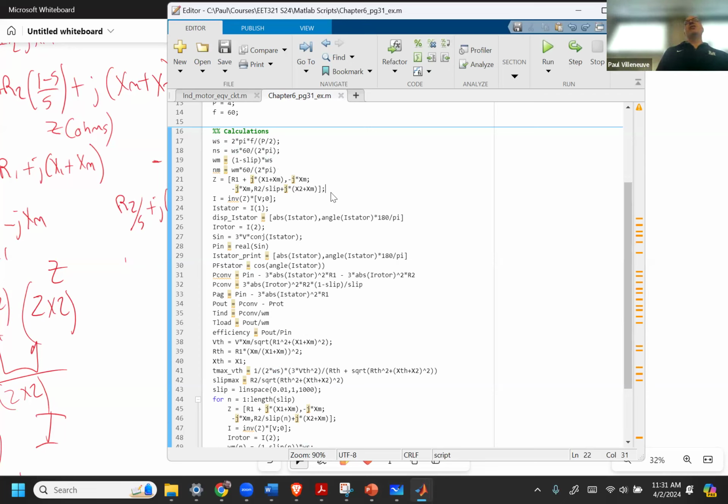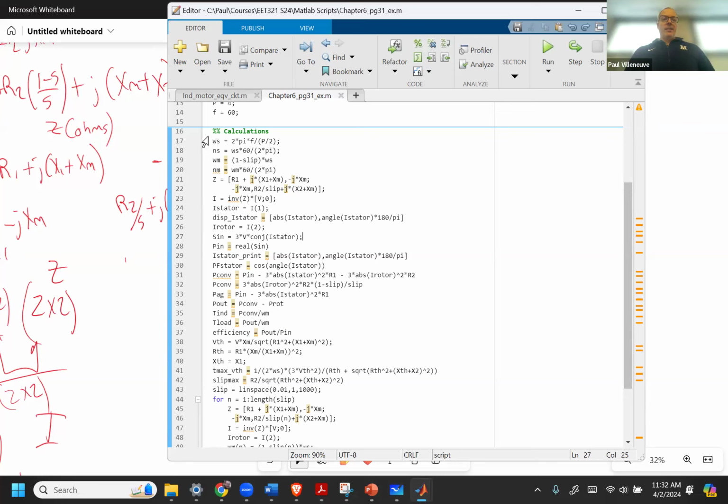That's the one that we just derived using mesh equations. Now I'm going to solve for my I by inverting my Z. Z to the minus 1 is the same thing as inverting it, and I'm pre-multiplying it by my V, my voltage matrix. Then I'm going to pull out I1 and I2 and display.